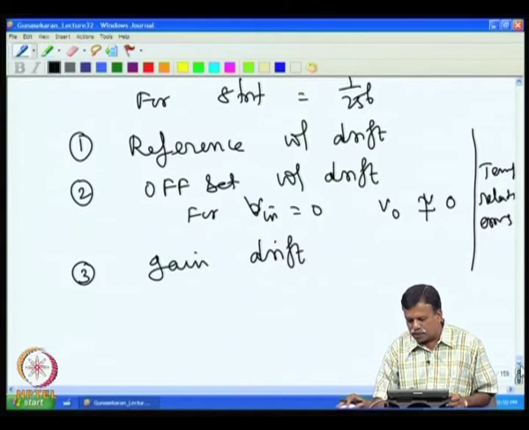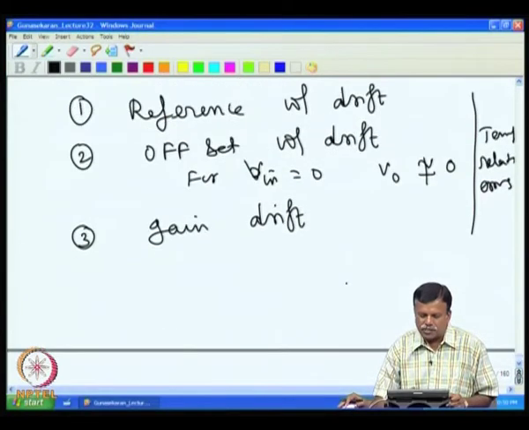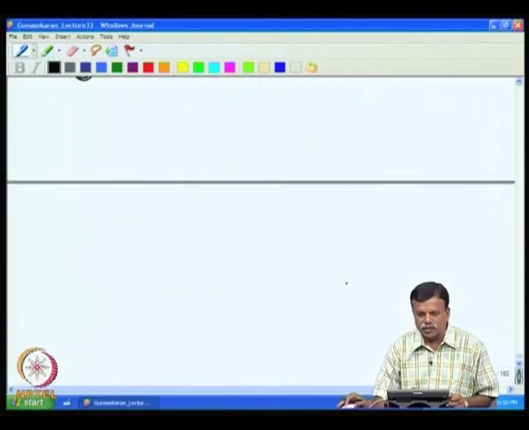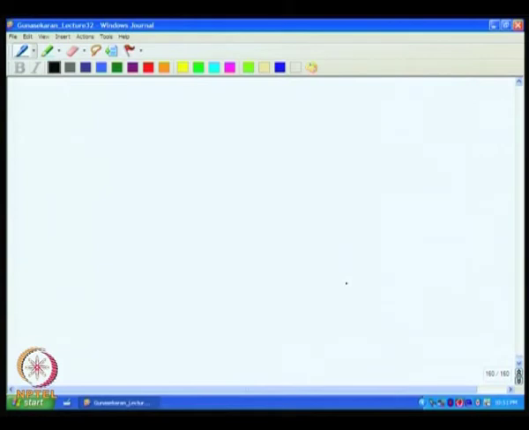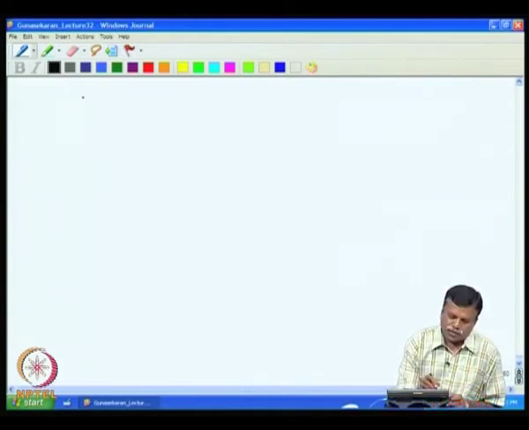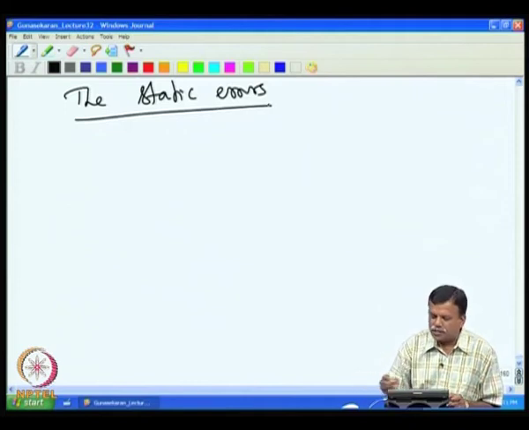Now, without the temperature related error, what are the inherent A to D and D to A converter errors? They are the static errors, not related to temperature.